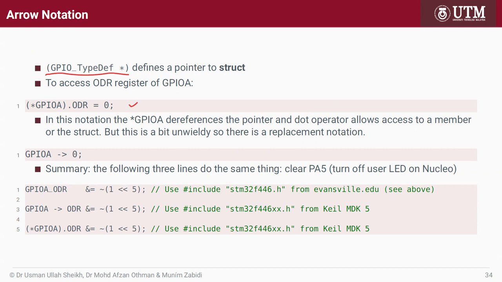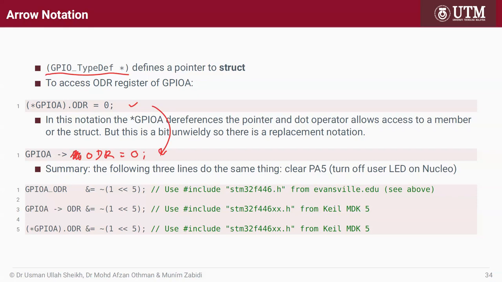The one at the bottom is correct. It should be ODR equal 0. Okay. So instead of bracket star GPIO bracket dot ODR, we put GPIO arrow ODR equal 0. Then this one is exactly the same.